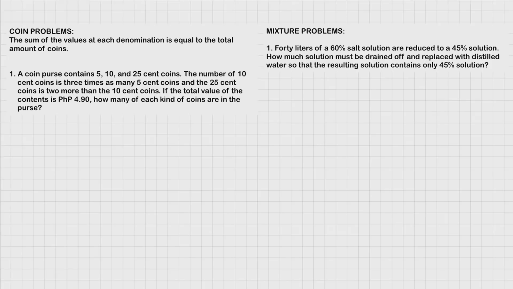If the total value of the contents is 4.9 pesos, how many of each kind of coins are in the purse? Now to solve this, let's let x be equal to the number of 5-cent coins.